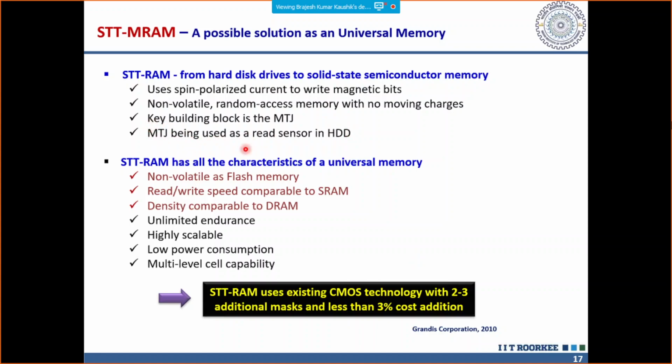And this research had been carried out by certain researchers in France, and they could really showcase that they were able to reduce the overall dimension of this MTJ, and that translated to the overall reduction of the size of your memories also. So people could reduce the overall size by 500% using these MTJs because they could be used as a read sensor.